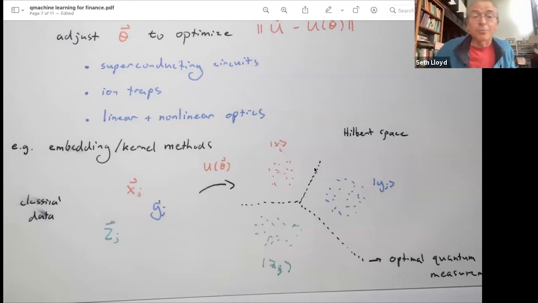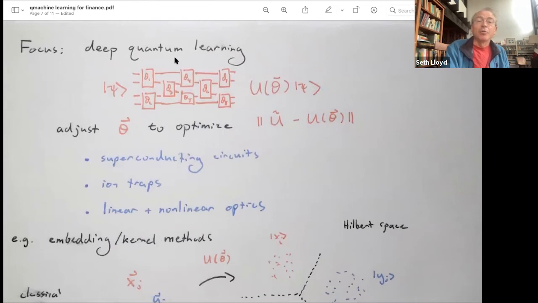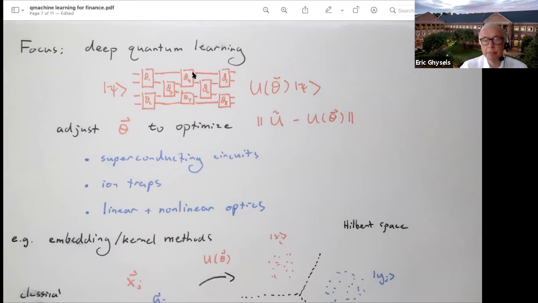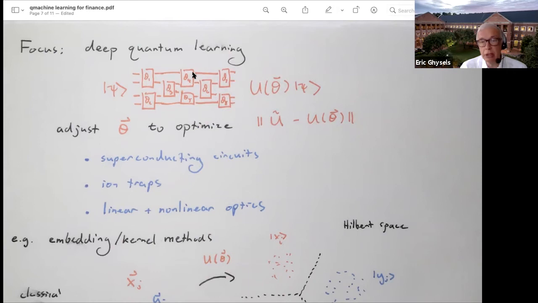Absolutely, that's a very excellent point. Given the kinds of quantum systems that we have these days, we don't have very many parameters to vary. Yeah, exactly. We have quantum computers with not many hidden layers. Exactly.